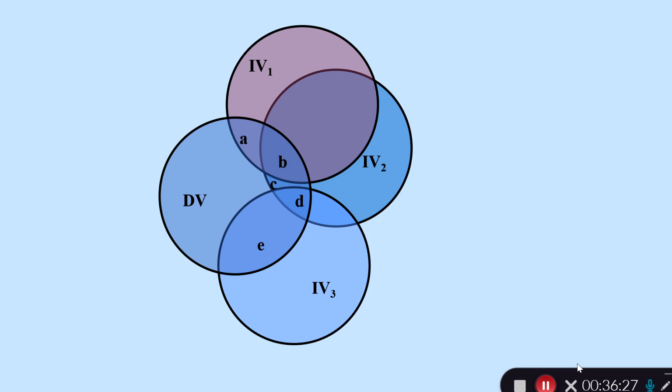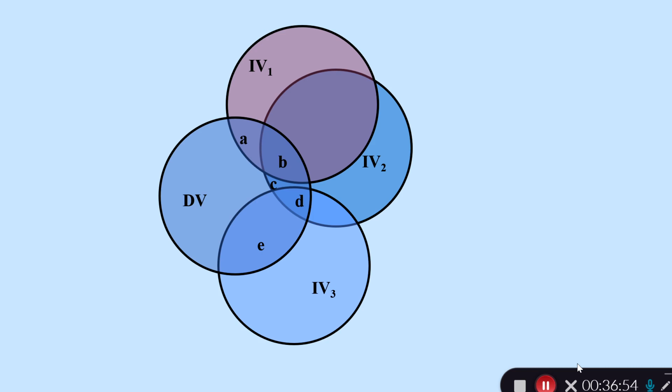This figure illustrates how some variables are correlated, and we're going to use it as I talk about the different types of multiple regression to understand how the different ways of running these analyses influence the variance that's attributed to different variables.